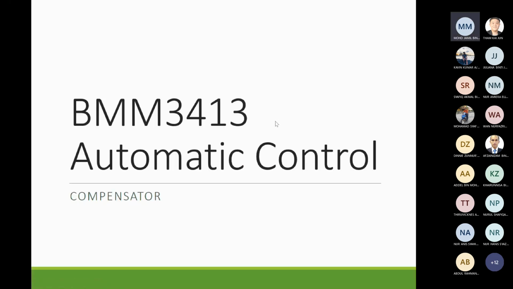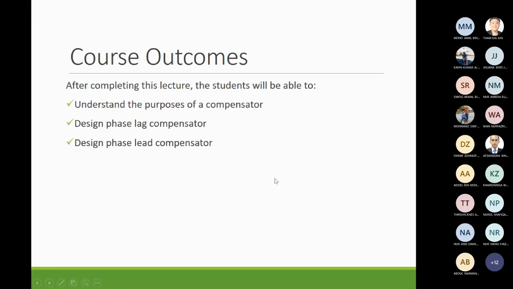Okay, so today's lecture is about compensator. We are now on chapter 5, 5A compensator. After completing this lecture, you will be able to understand the purpose of a compensator, and design phase-lag compensator and also phase-lead compensator.